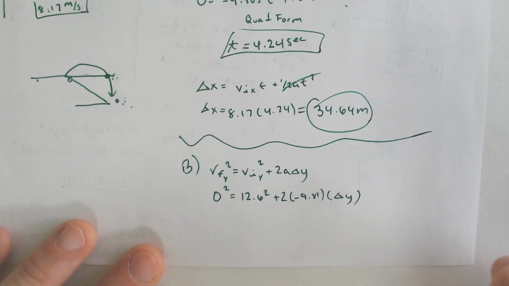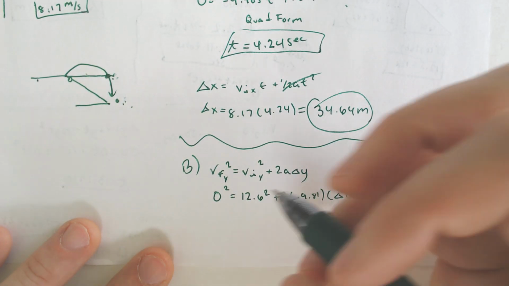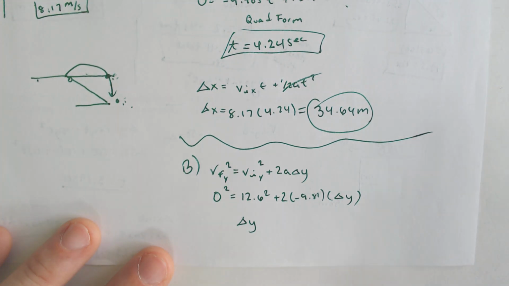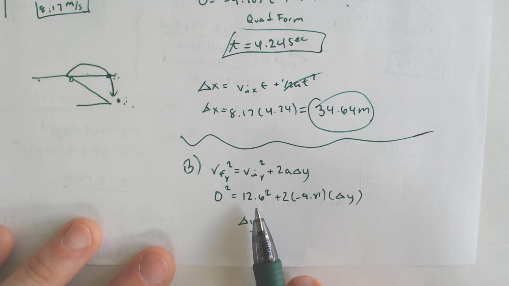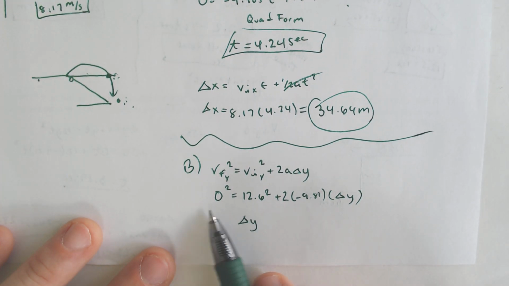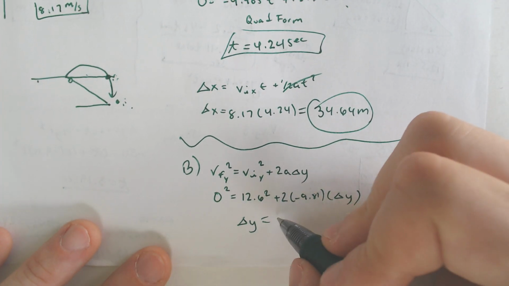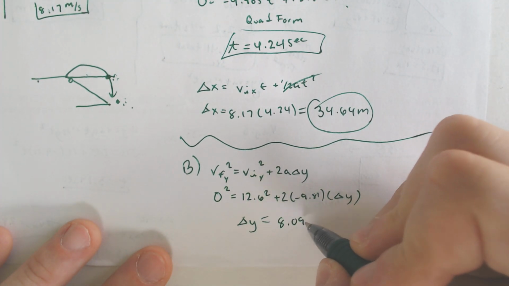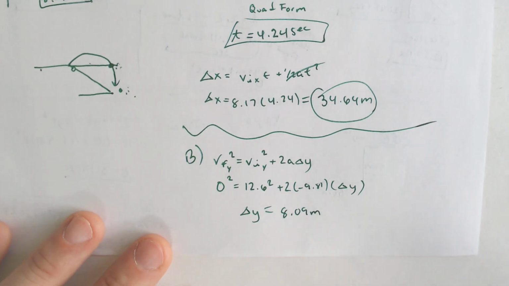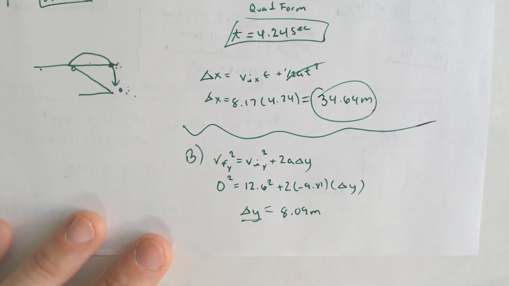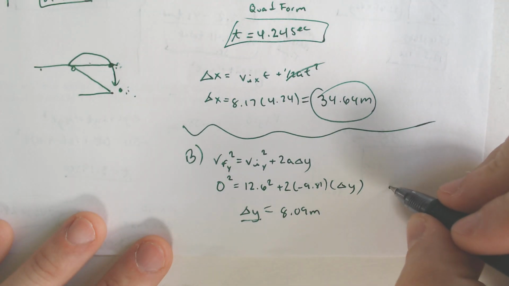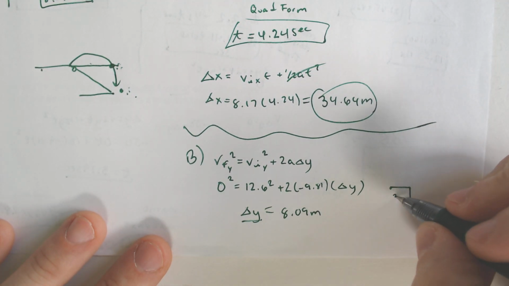So if we do that math, you end up with some numbers, and I just typed it and stored it in my calculator. You would subtract the 12.6 squared, then divide by the 19.62, I believe, and you get a delta y of 8.09 meters. Be careful. That is delta y. That is not your max height. We were up 35 meters.